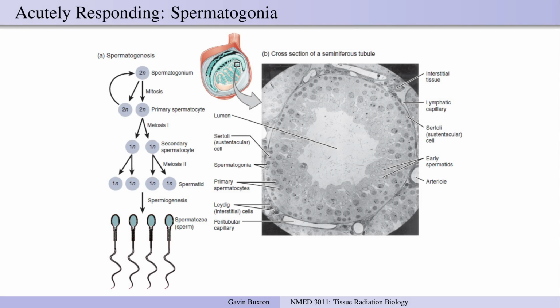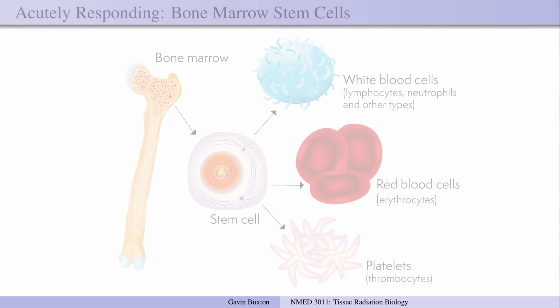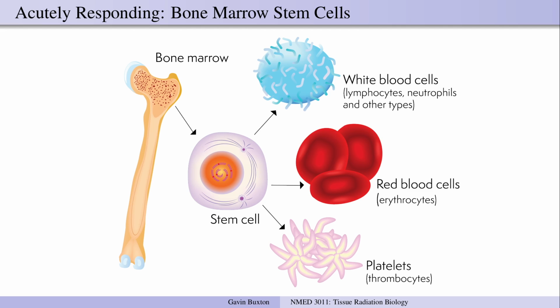Another example would be spermatogonia. We've already seen how the spermatogonia differentiate into spermatocytes and ultimately differentiate into the sperm cells. Irradiation of the spermatogonia would result in the depletion of these cells that are rapidly turning over, right? And ultimately would result in sterility. More acutely responding tissues include bone marrow stem cells.